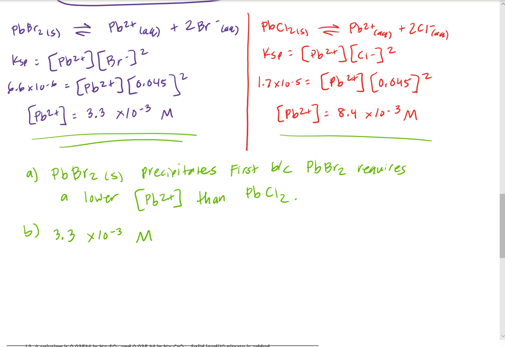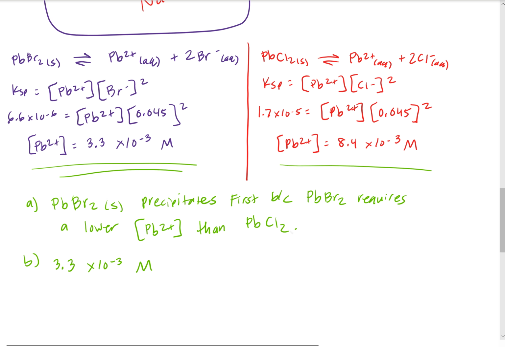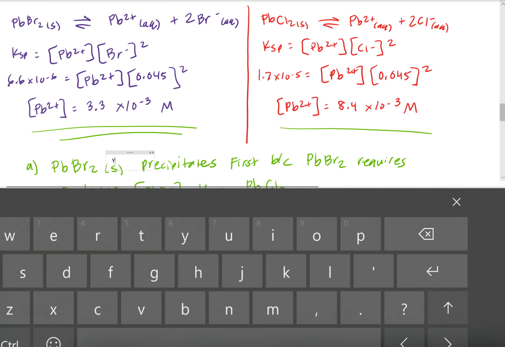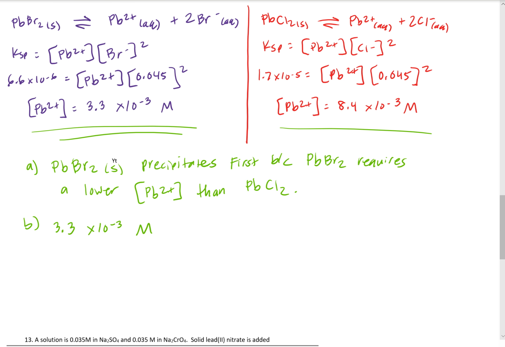Now, if this was like a multiple choice question or one of those very short FRQs, you could have answered part A without doing any calculations. And that's because if I look at these two KSP expressions, I'll notice that they look almost identical.